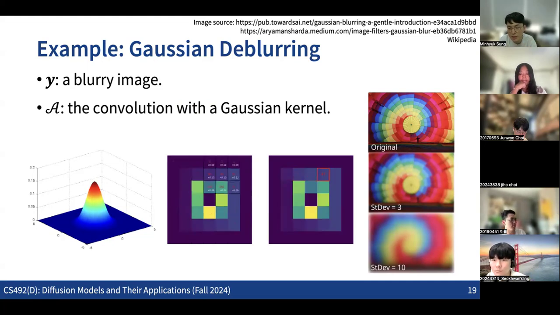So when you assume that the blurry image comes from applying a Gaussian kernel with convolution over the entire image, then the convolution operation becomes the A function, and we also have the blurry image, right? So given these two pieces of information, we want to recover the original clean image. This can be one specific example.